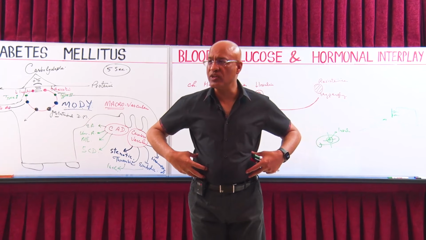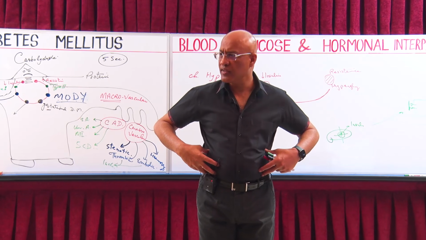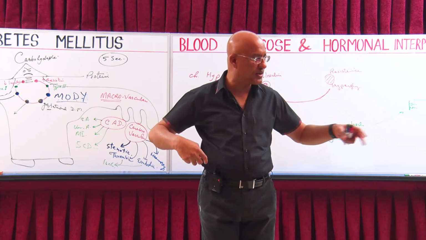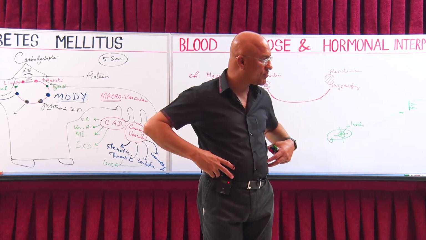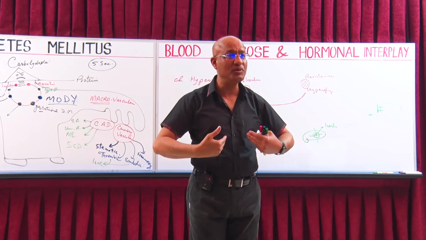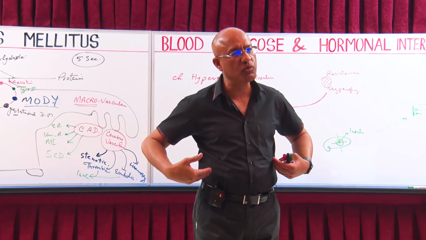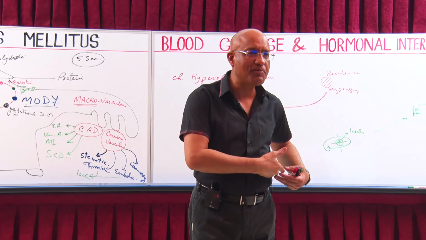And over the years, will this affect more the right kidney or left kidney? Both kidneys, of course. It is hyperglycemia which is damaging. Whatever hyperglycemia is occurring in the vasculature of the right kidney, the same is on the left.